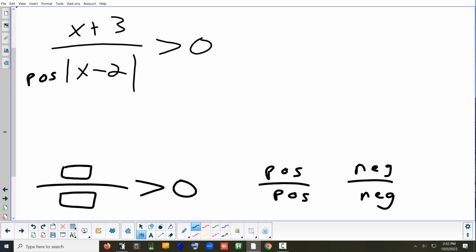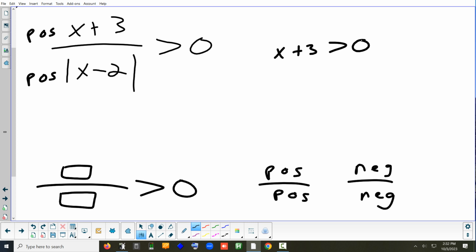The bottom is always positive. So what does that mean the top has to be then? We're kind of forced into what case? The top has to be positive. So if you can figure out when the top is positive, that will answer this question. That's all you need to figure out, because the bottom is always positive. So when is the top greater than 0?